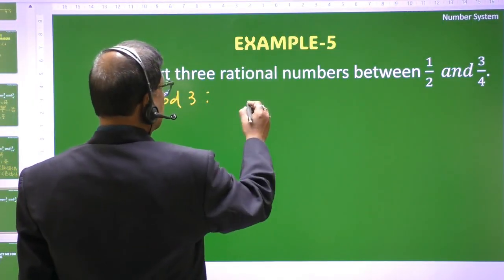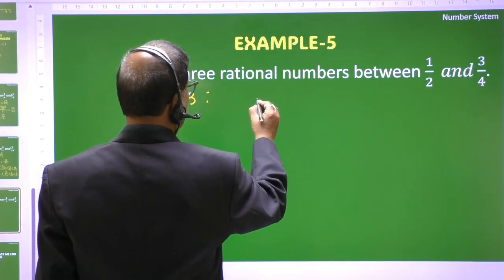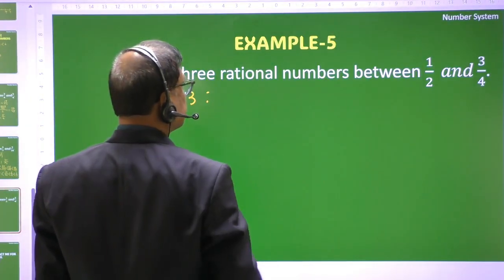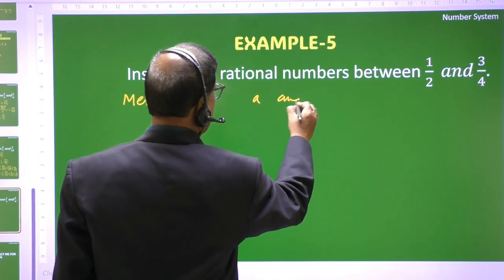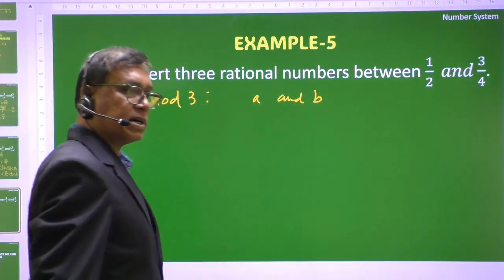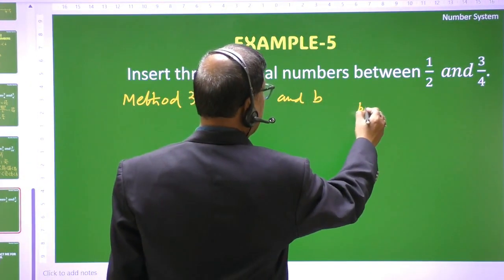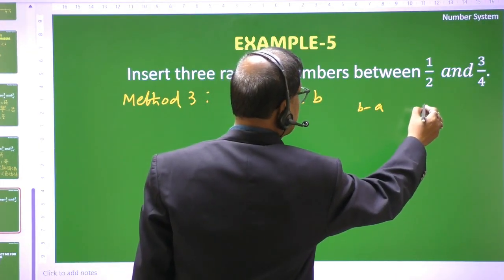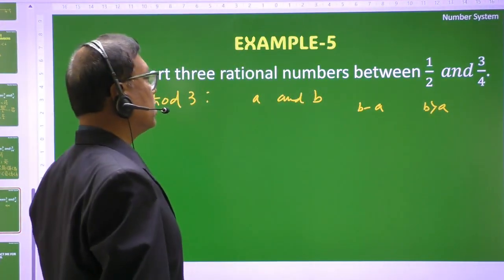So here we have to find the difference of 2 numbers. That means if A and B are the 2 given numbers, then we'll find B minus A. Obviously here B is greater than A. Yes.